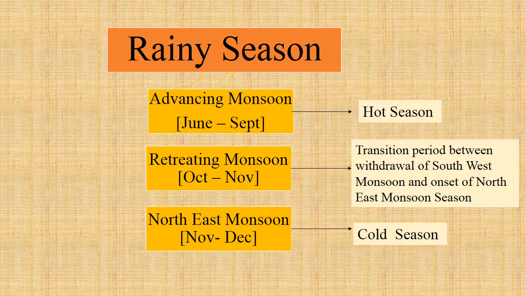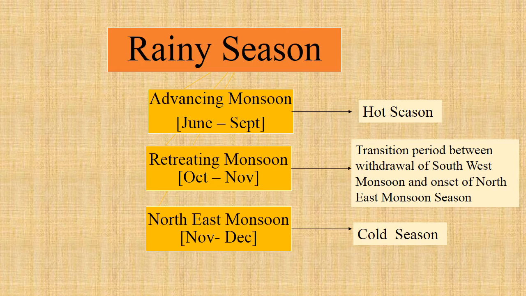Retreating monsoon is a transition period between the withdrawal of the southwest monsoon winds from our country and the beginning of the northeast monsoon winds. We can say the onset of northeast monsoon winds. It means the southwest monsoon winds move out from our country and the northeast monsoon winds come in.